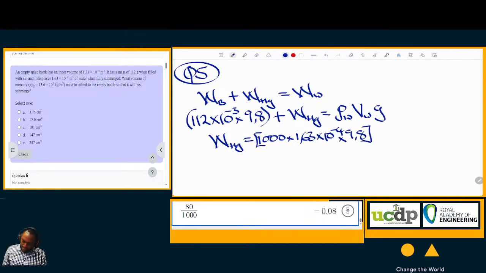All this minus 112 times 10 to the negative 3 times 9.8, so that we get the weight of the mercury, and that will simplify our problem.